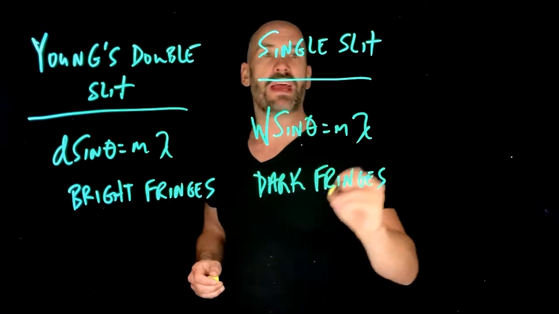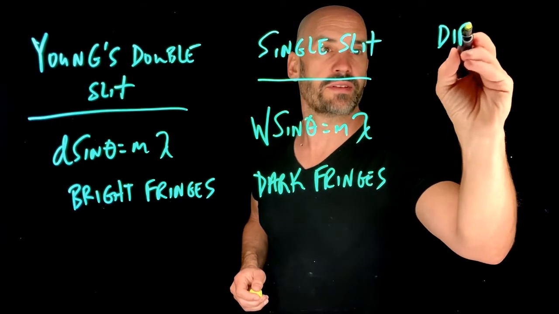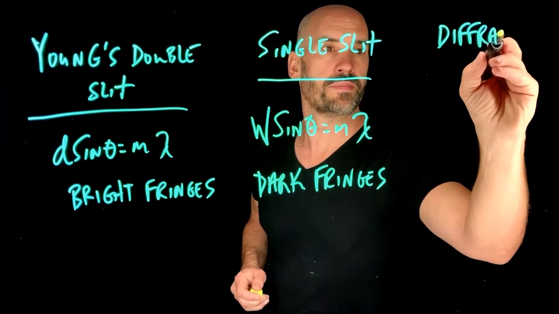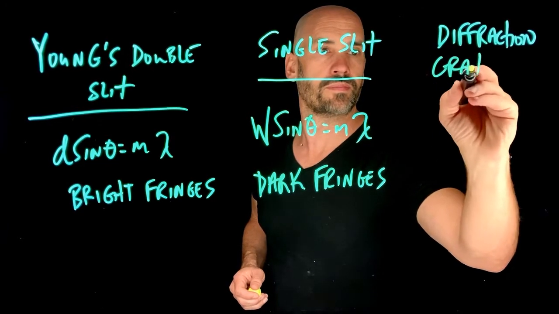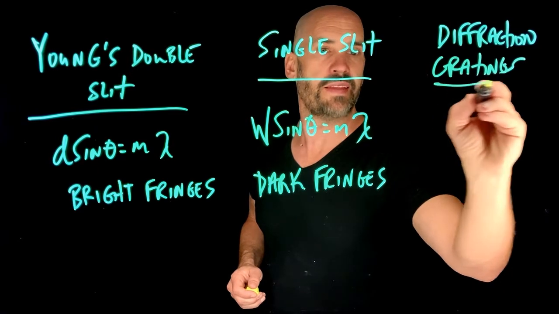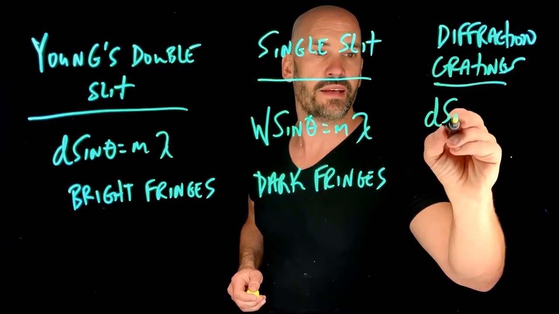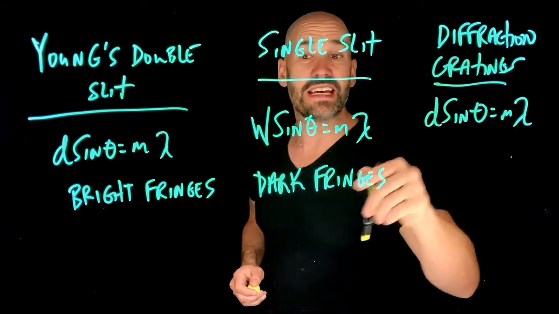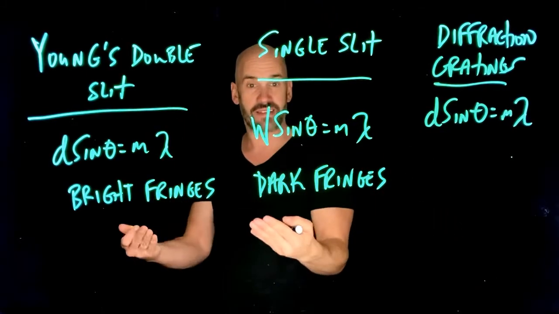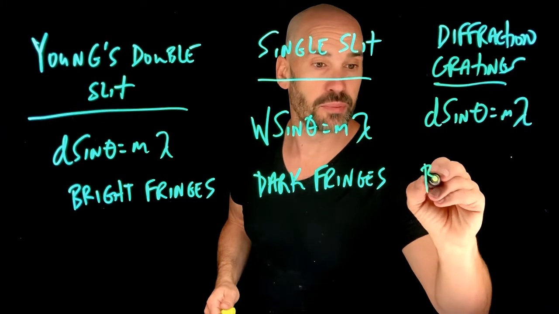And then we have diffraction gratings. And that goes back to d sine theta equals m lambda, where d is the space between the slits, and that again gives us bright fringes.